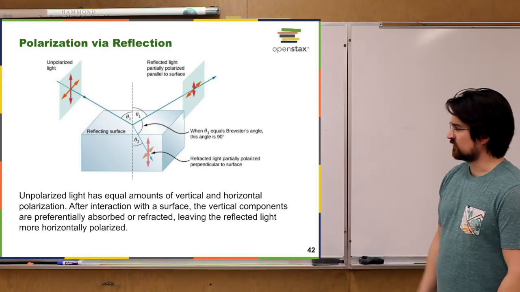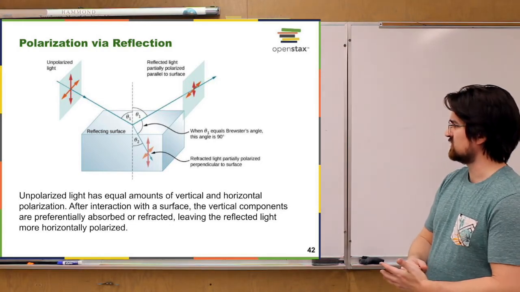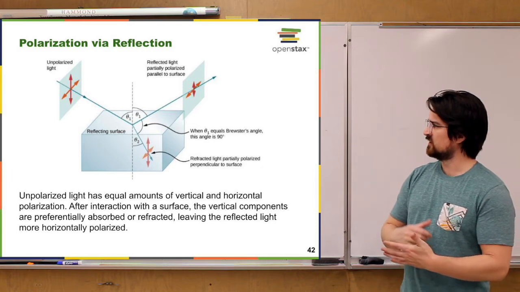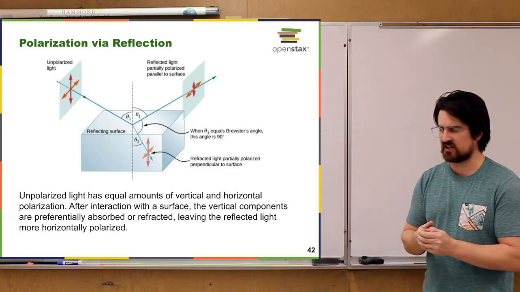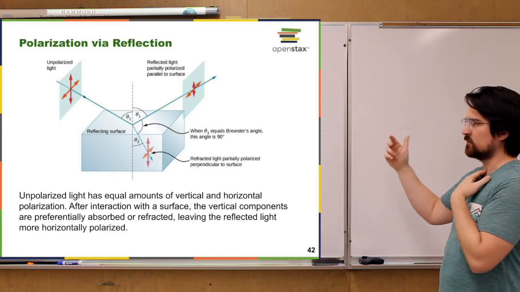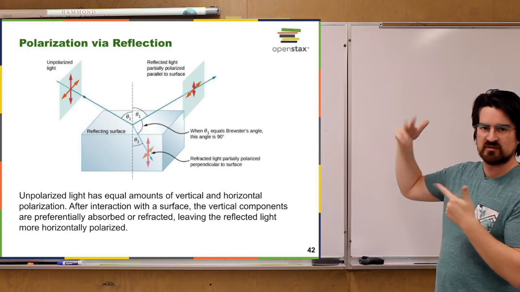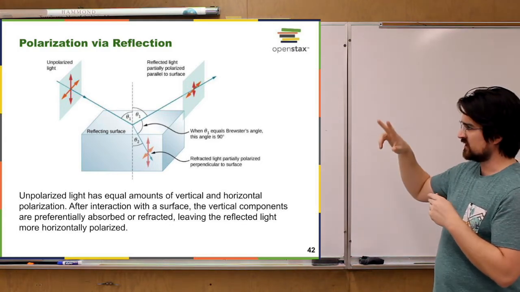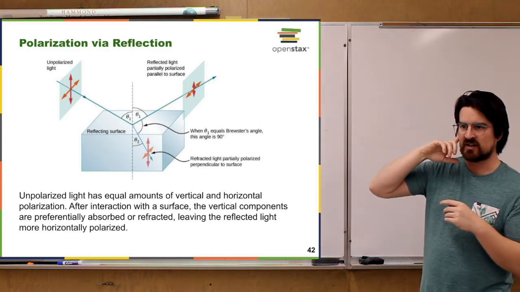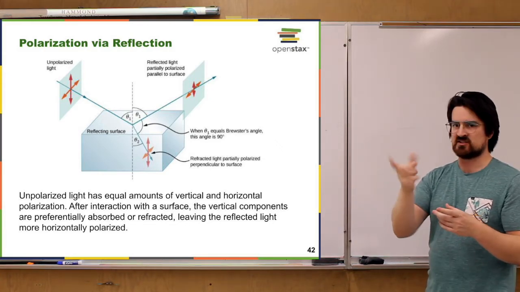So besides using a polarizing filter, there are other ways that light becomes polarized. One is through reflection. We're not going to go into great detail into these other things, but the way I would think about it is that if you have light coming into a surface, say the surface of a pond, and it's randomly polarized, or sometimes called unpolarized light, you can think about the polarization of that light like a skipping stone.